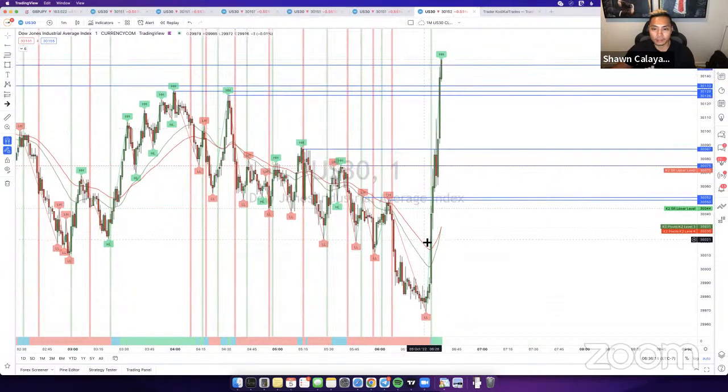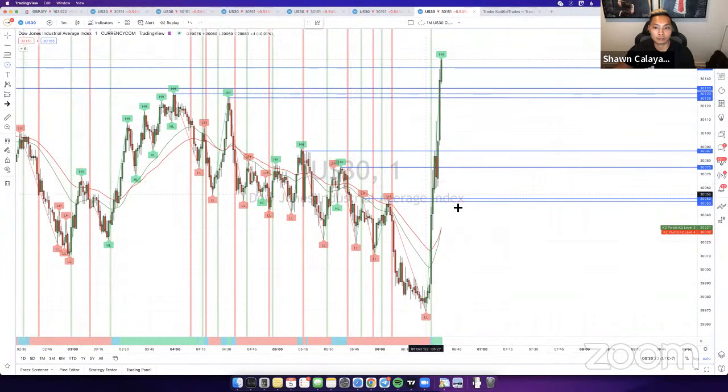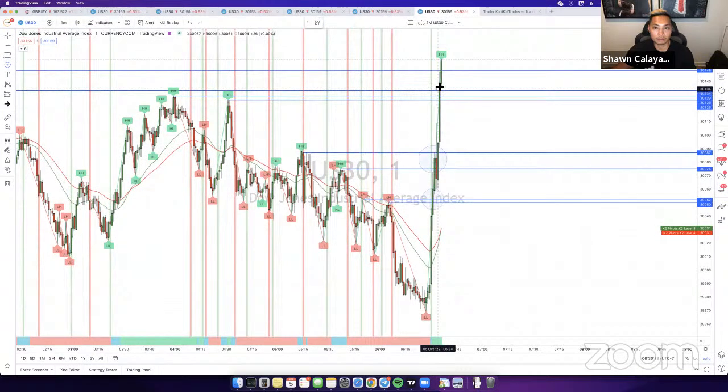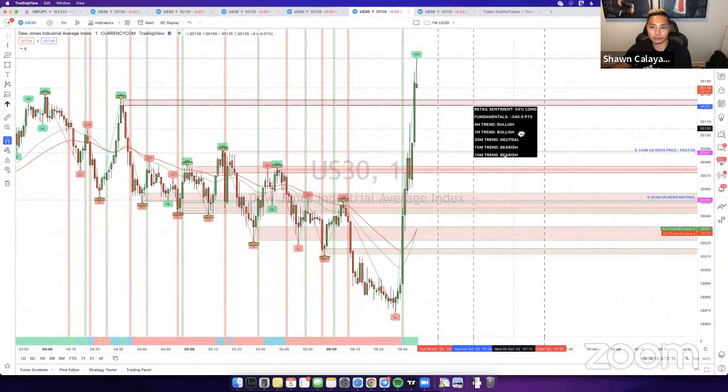So the market was way down here. Price pushed up, knocked out liquidity in all of these areas, right here, and up here. Literally everything got knocked out. See if there's anything else over here for me to look at.